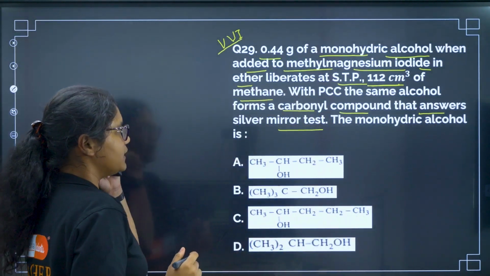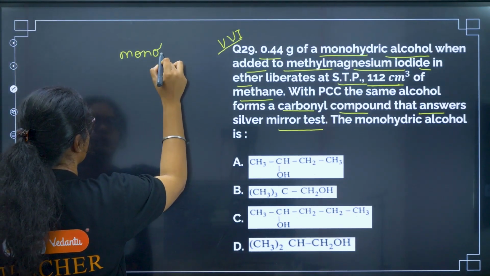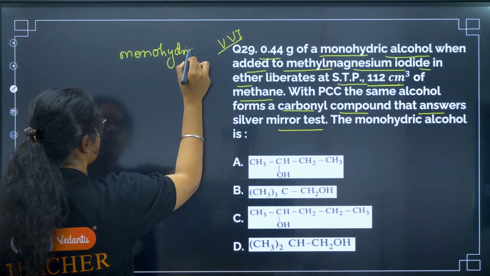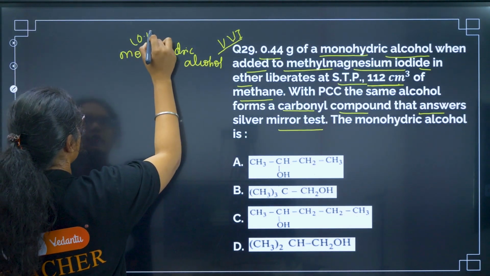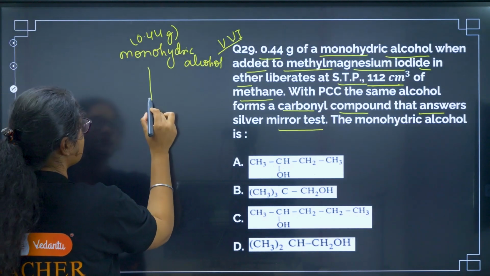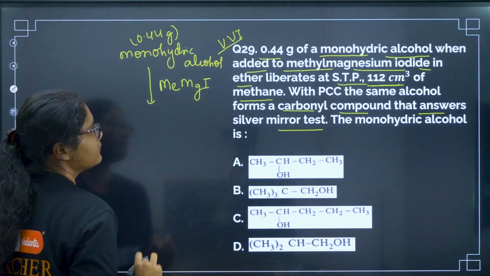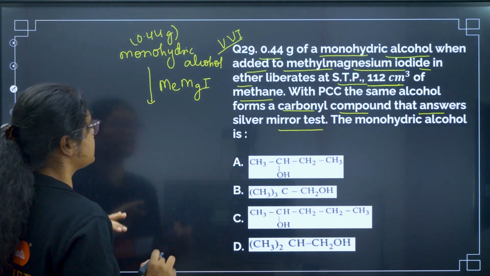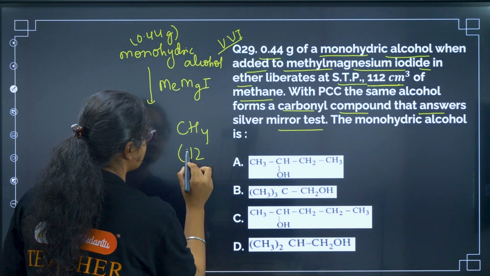Okay, so many data are given. See here. First of all, we have a monohydric alcohol. The formula is not given, but its mass taken is 0.44 gram. Now this one is treated with methyl magnesium iodide. When this is treated, one of the byproducts is methane, which is around 112 ml.